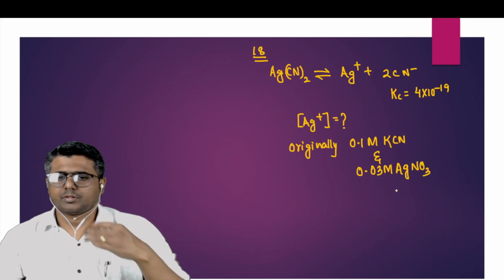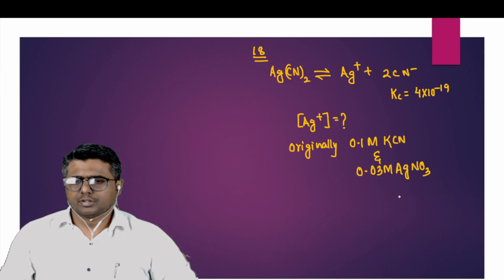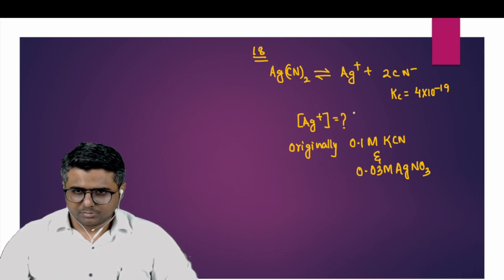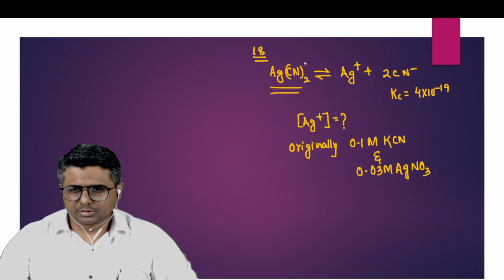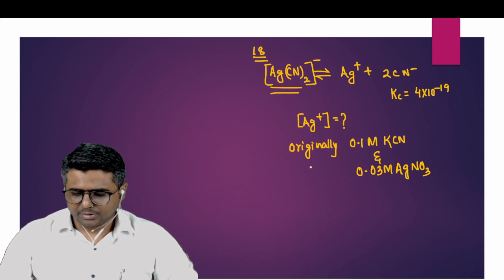Both these compounds KCN and AgNO3 are very much ionic compounds, whereas this AgCN2 part is not a very good dissociator, it is not going to dissociate very easily. This will be 1 minus.